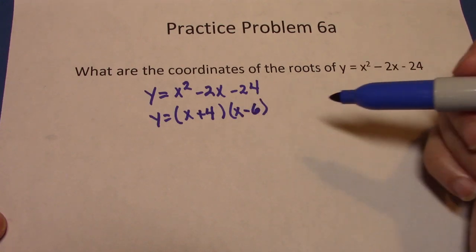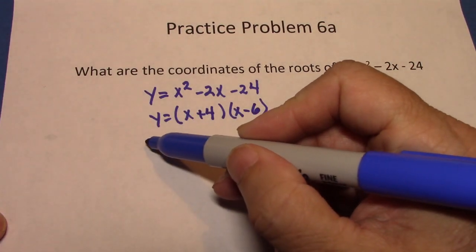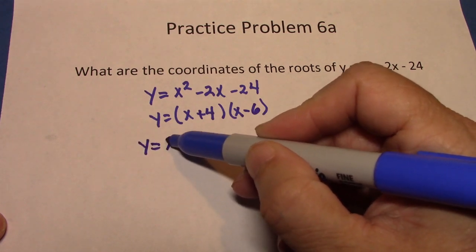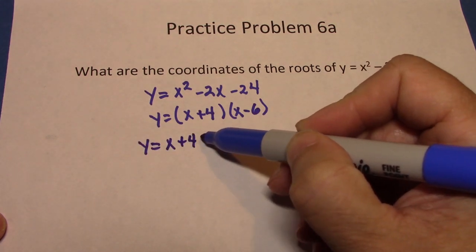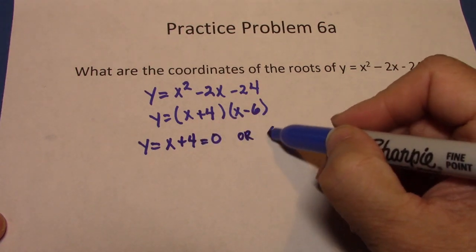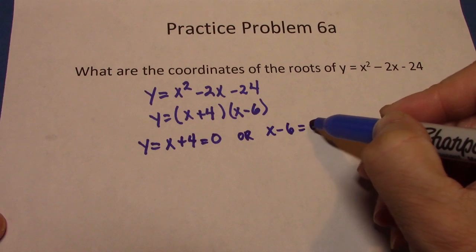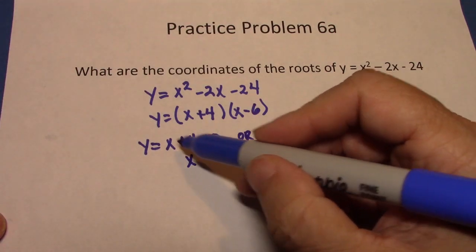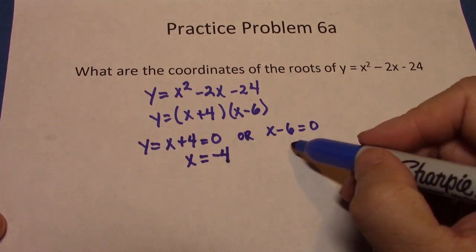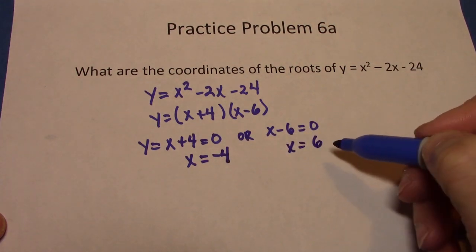So that means that to find the roots, that's where y equals 0, and y equals 0 where either one of these is 0, or x minus 6 equals 0. So we'll solve for x. X is negative 4, or x is positive 6.